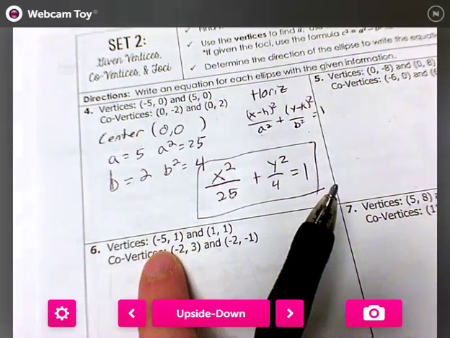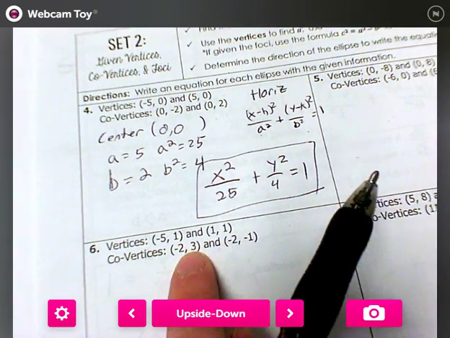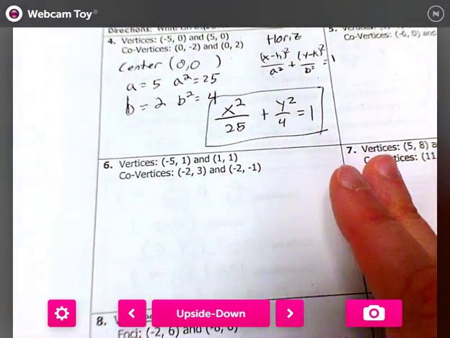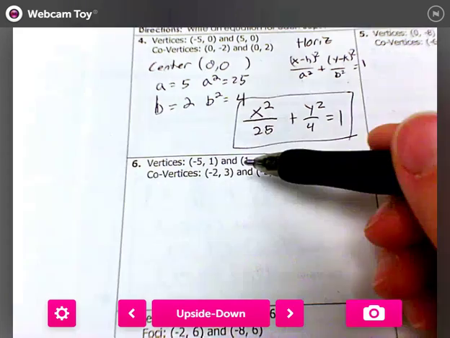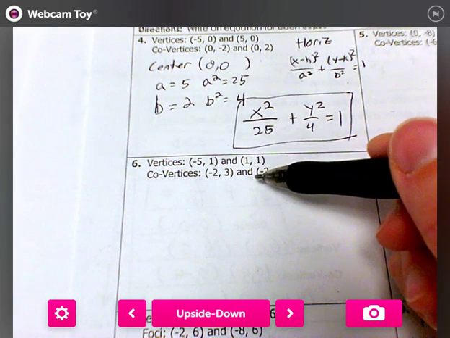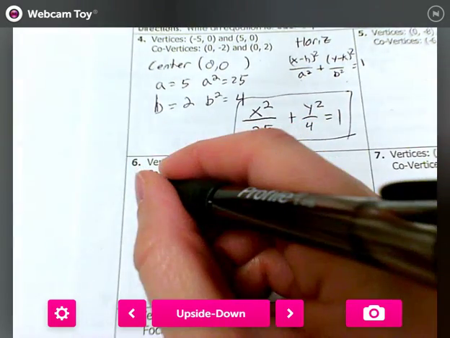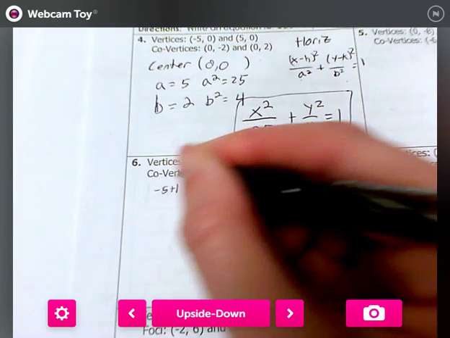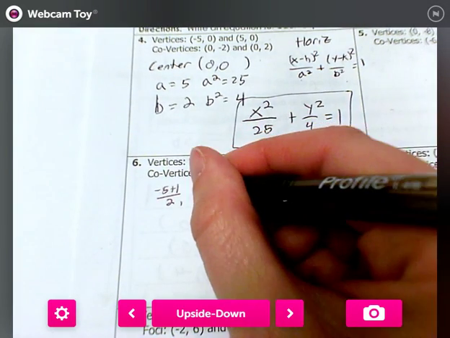So we have my vertices are negative 5, 1 and 1, 1, and negative 2, 3 and negative 2, negative 1. This makes it harder when we don't have 0, 0 as our center. So the first thing we're going to have to do is use the midpoint formula. You can use either the top or the bottom as the midpoint. Now remember, midpoint is just adding the x's. So we're going to go negative 5 plus 1 divided by 2, and 1 plus 1 divided by 2.